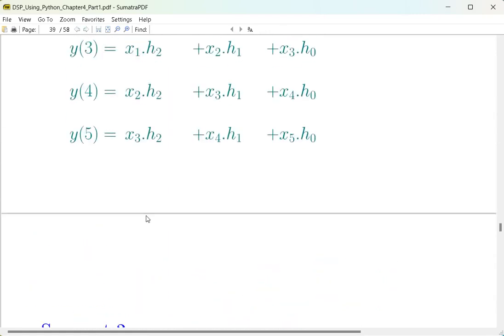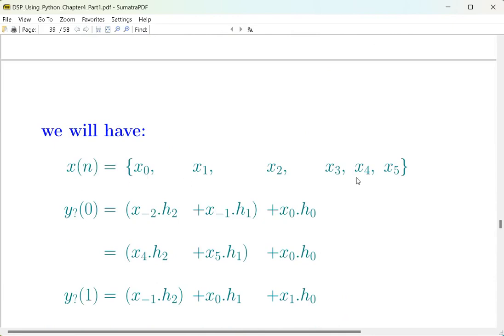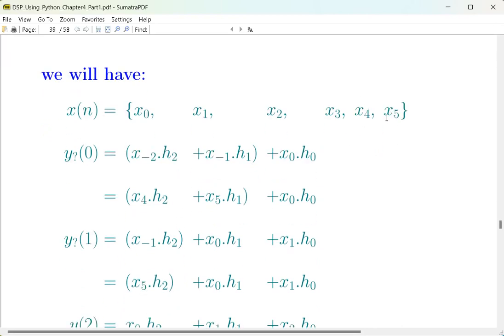Now segment 2. I need to go back to show the segment. The first segment was, please write it down, x0, x1, x2, x3, x4, x5. Now the next chunk should be x starting from x6, but we need to save these two samples from the input stream for the next stage, to provide the space for wrong answers in the next chunk.